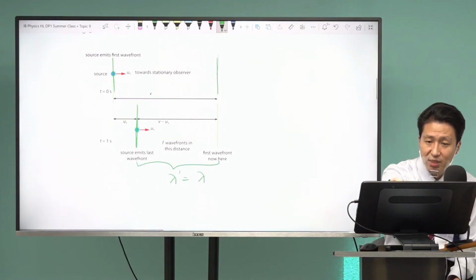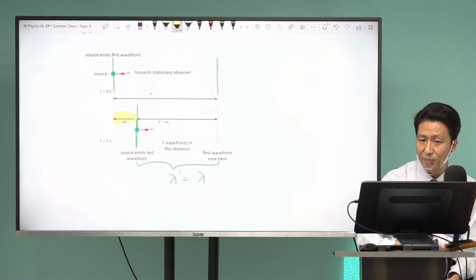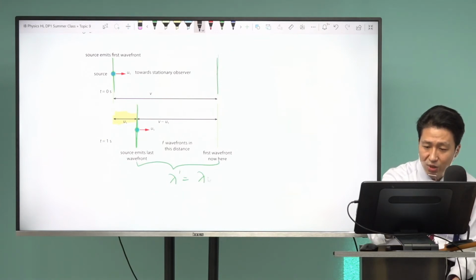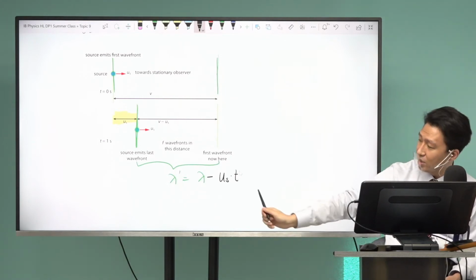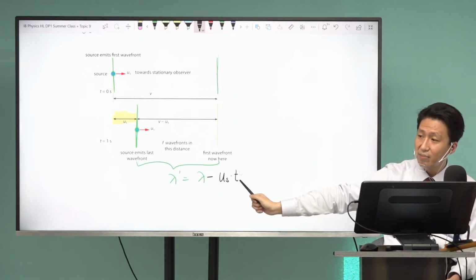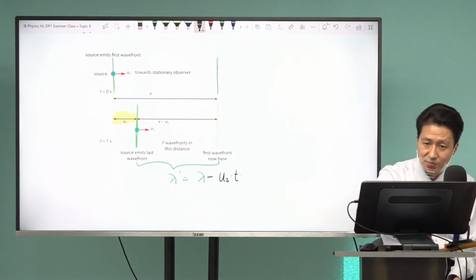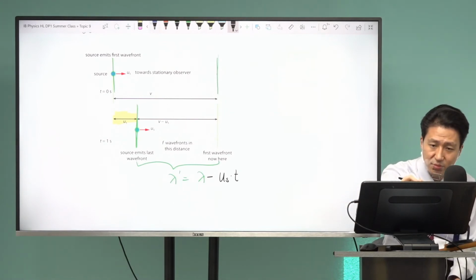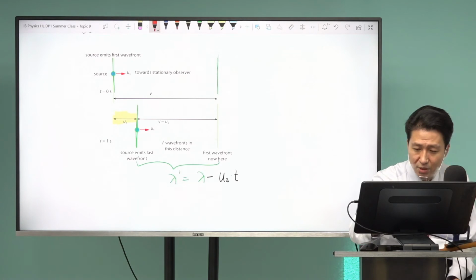And you subtract exactly the amount it moved, this much, in yellow. So you're going to get the original wavelength minus u_s times t. And t here is going to be the time between wavefronts.